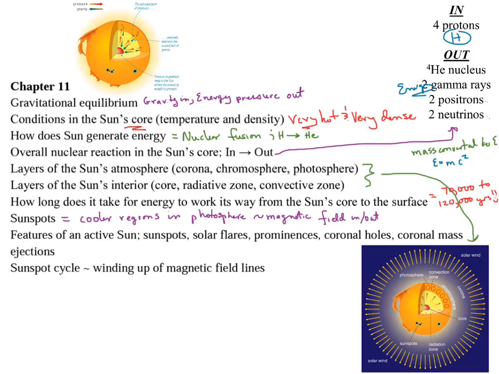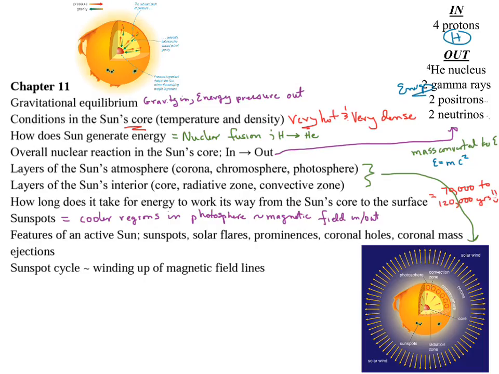Remember, that's that random walk. I was taking this from memory, so it might not be exactly right, but it's ballpark about 70,000 years to 120,000 years. That's a heck of a walk, and that's for just that photon of energy to work its way from the core out to the edge of the radiative zone.